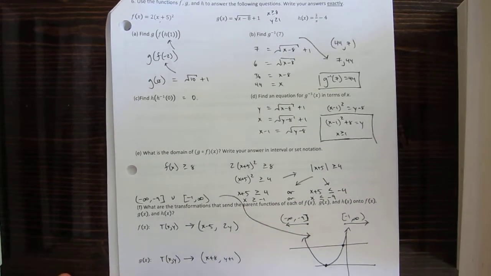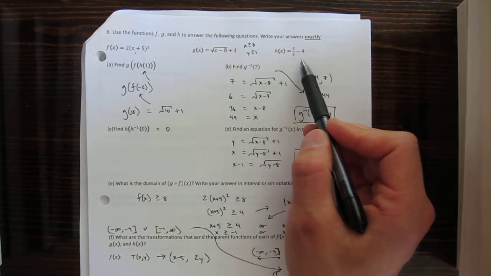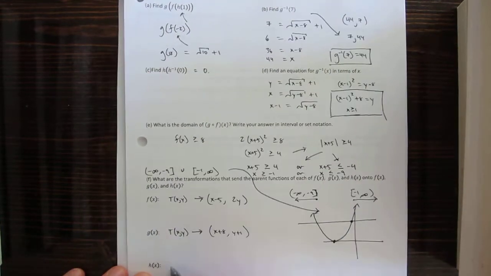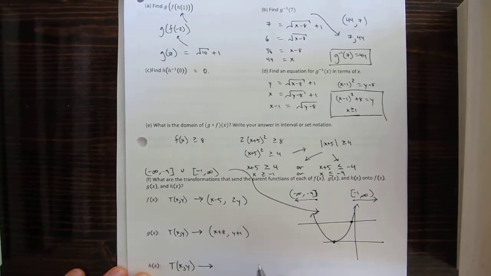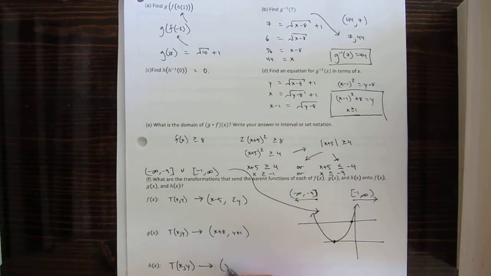Just a simple translation. And for h of x, which was 2 over x minus 4, the parent function is 1 over x. We're taking those values and sending them to 2 times 1 over x. We're just sending x to x, but we're sending y to 2y minus 4.